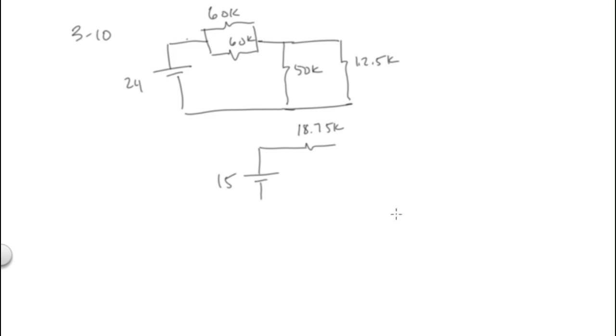Now this resistor down here is a 12.5K. So what would be our current? It's V divided by 18.75 plus 12.5.